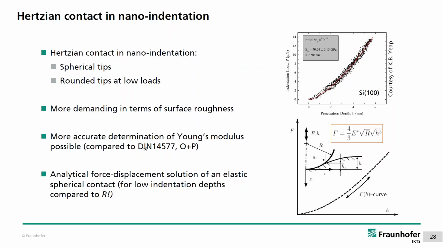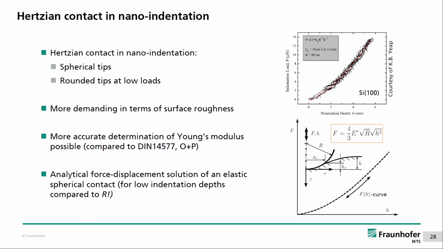But if you have elastic contact and you determine the Young's modulus with Hertzian contact, it's normally more accurate than from the standard Oliver-Pharr method for the data treatment, which of course you can also use for elastic contacts here.